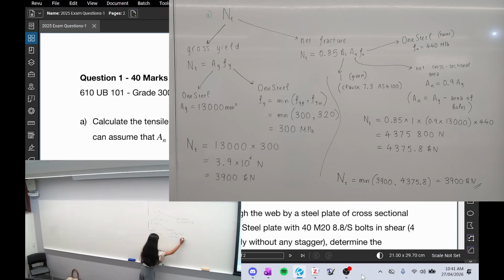For the web, it's 320. Obviously the minimum is 300, so we take our yield strength as 300 MPa. So that part is also done.